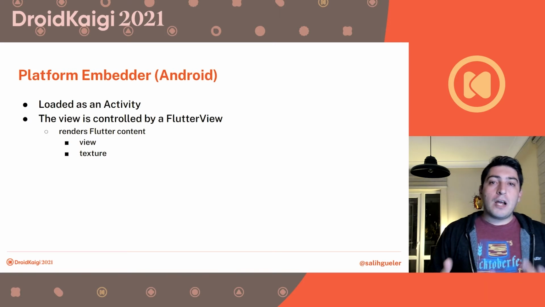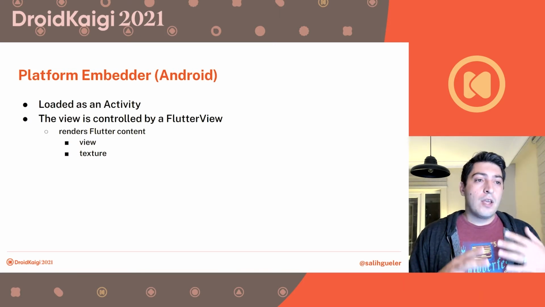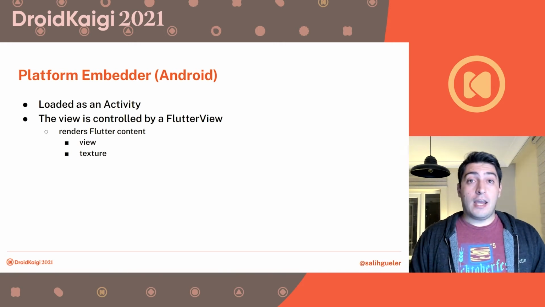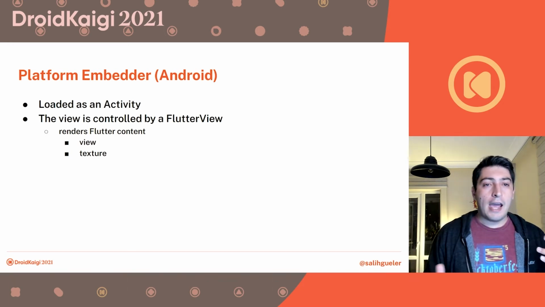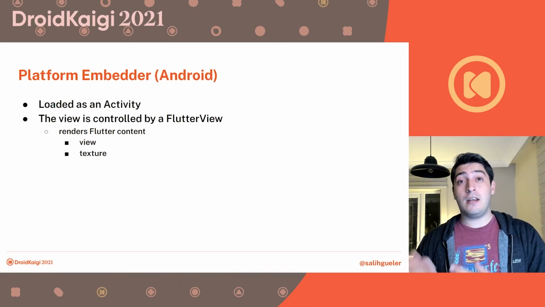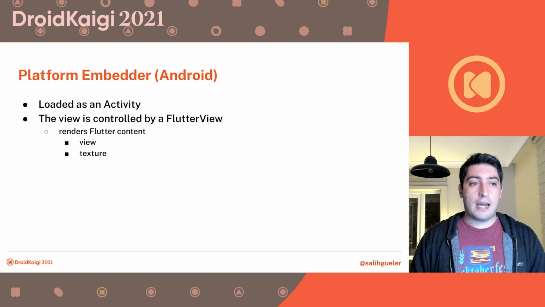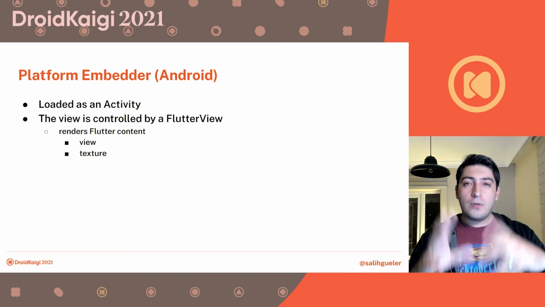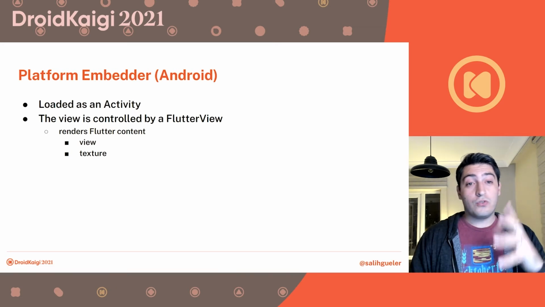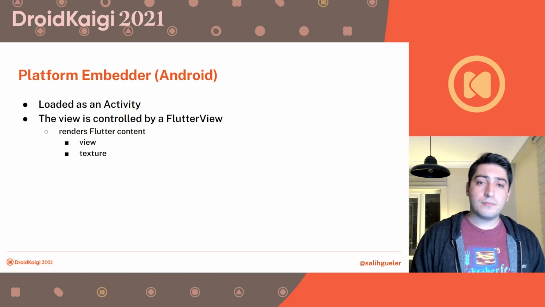If we talk about the platform embedder for Android, it is using the activities that we know directly as the starting point, and all the views are controlled by a Flutter view. This is extended from the view class that Android has. And it renders the view that has been created by the Flutter ecosystem, and it also controls the texture itself.